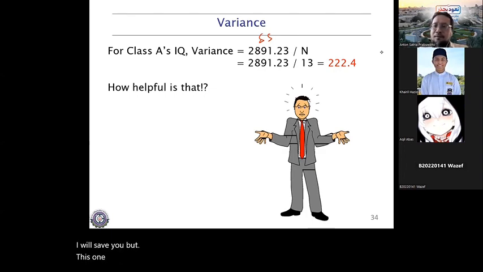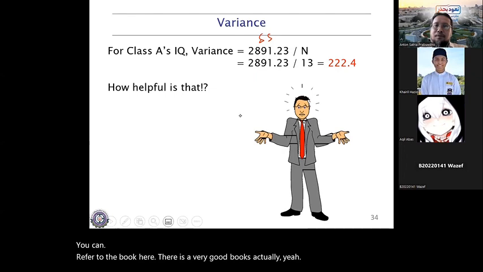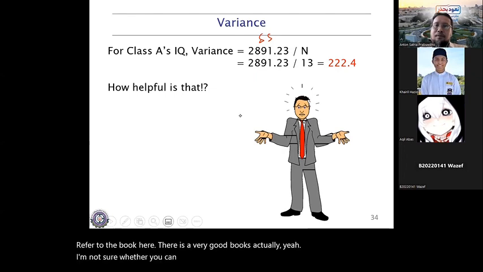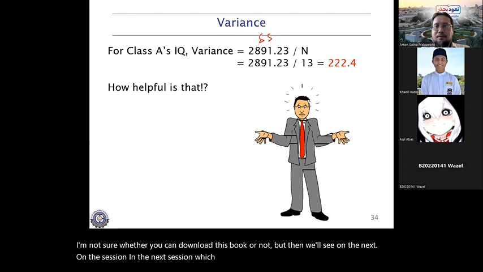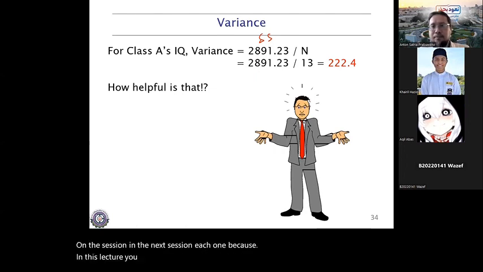You can refer to the books. There is a very good book actually. I'm not sure whether you can download this book or not, but we'll see in the next session. In this lecture, you should provide a simple report by using Excel only.